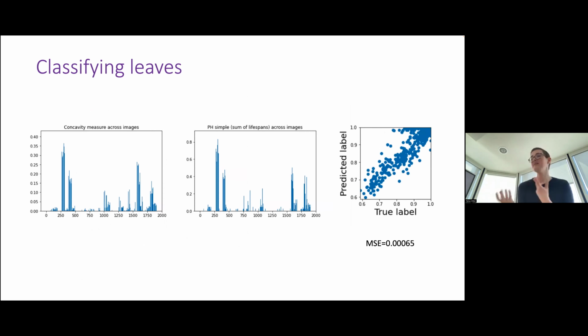For us, this application was important because here with persistent homology we are able to classify these leaves by detecting concavity and convexity, and we use this measure of convexity. So this was an example that is successful, and we also know why, because it's actually detecting convexity and concavity.